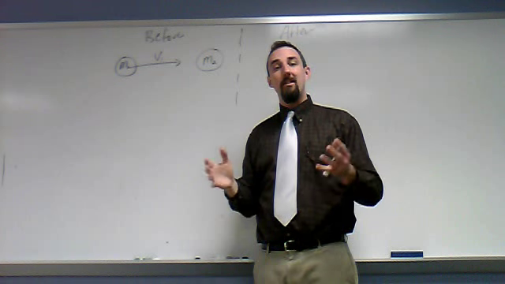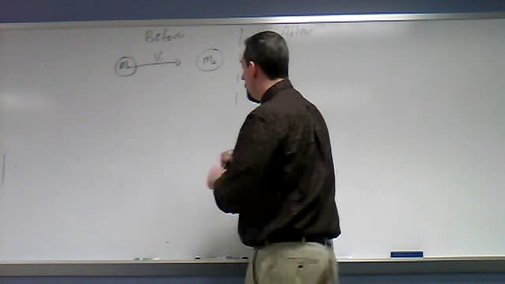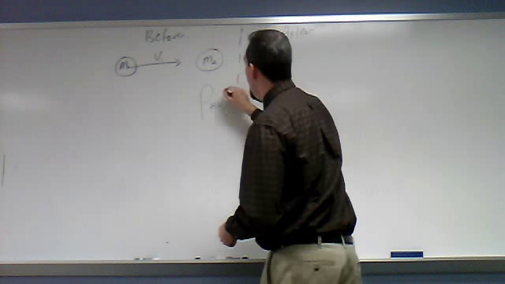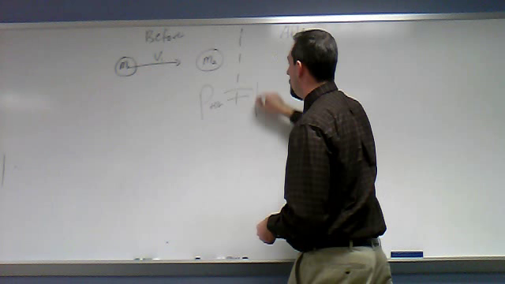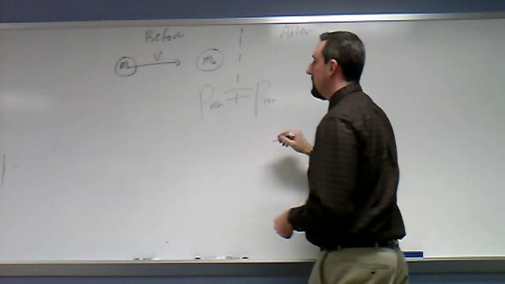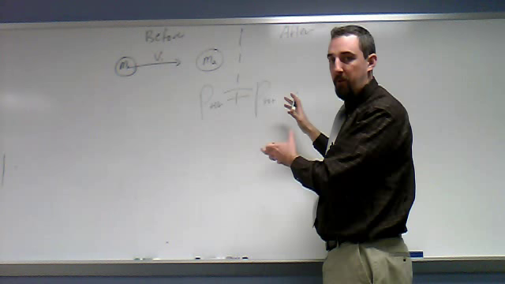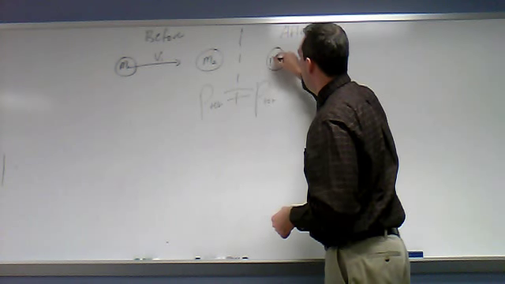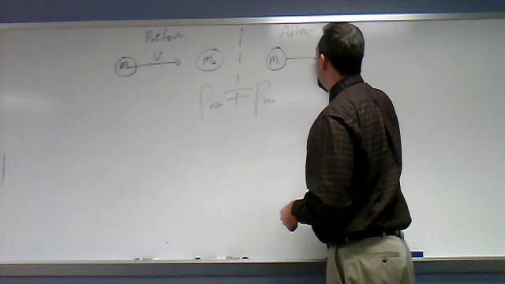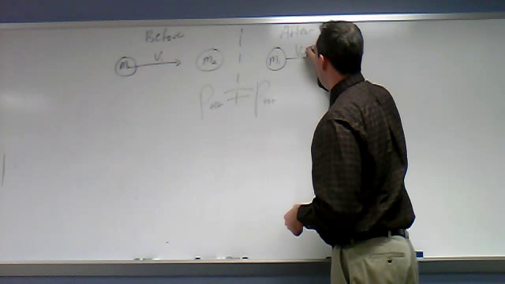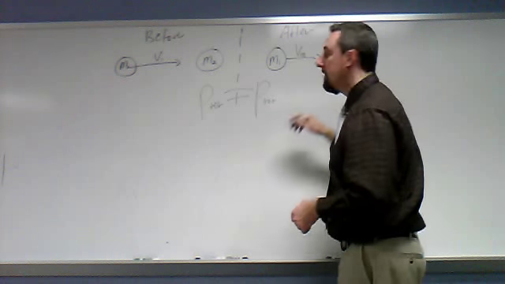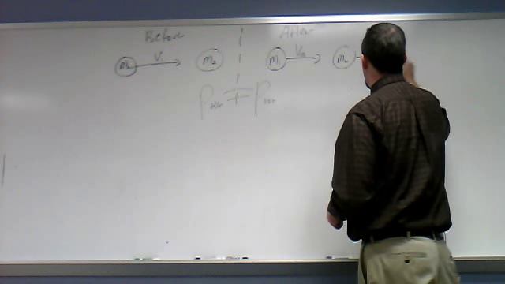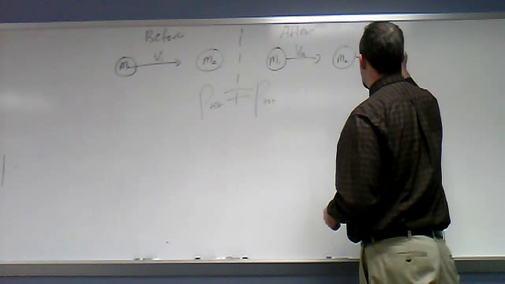Regardless of what happens, we know that the total momentum beforehand has to be the same as the total momentum afterwards. Now, we don't know what's going to happen over here, so for the time being, let's just say that you have M1 moving at some velocity, called V1A for after, and M2 also moving at some velocity, V2A.